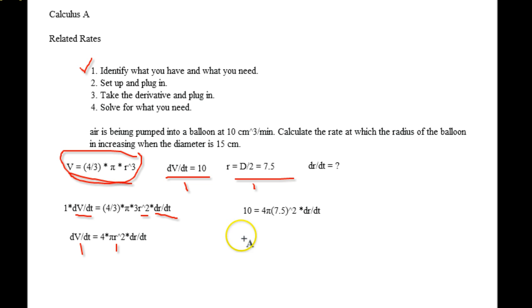All we have to do is divide both sides by that, so 10 divided by 4 pi times 7.5 squared should all equal dr dt. So that's the rate at which the radius is increasing. That's kind of cool. Now if it was decreasing, that would be a negative number. If it is increasing, which it is, it should be a positive number.